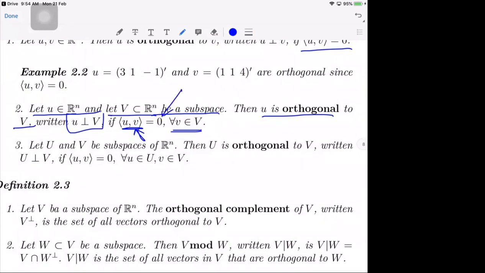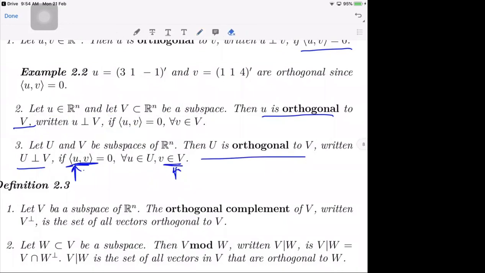Okay? So that is the orthogonality of a vector to a space V. Here, it is the orthogonality of two subspaces. So U is orthogonal to V, written in this symbol, if for all vectors in U and for all vectors in V, the inner product is 0 for all pairwise vectors of U and V.